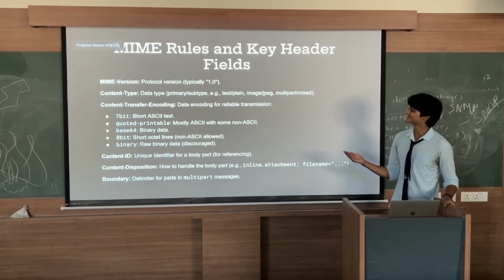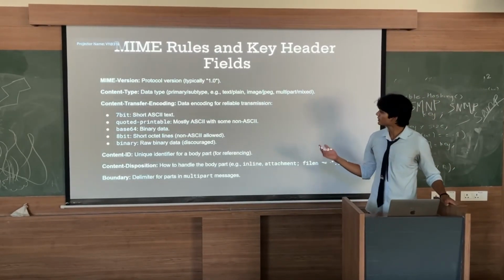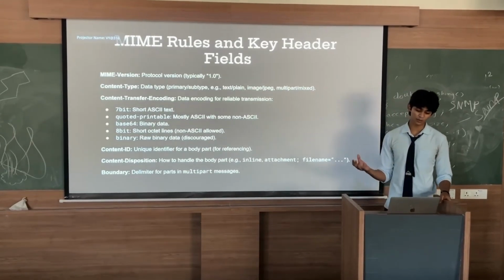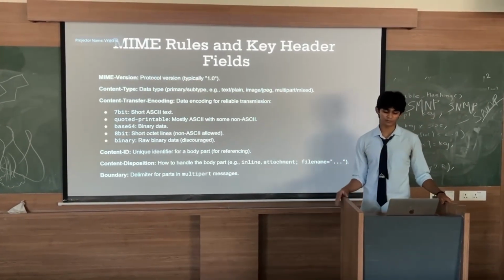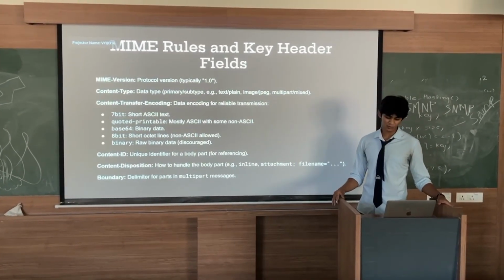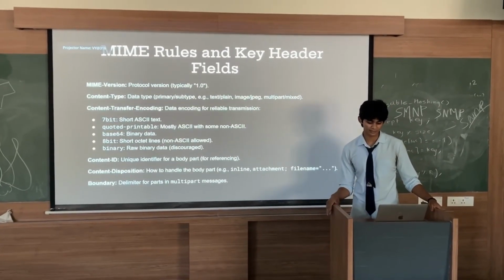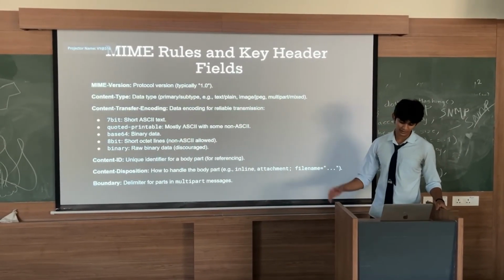For content that isn't plain ASCII, the content transfer encoding field specifies how that data has been encoded for reliable transmission. Common encodings include quoted printable for mostly text with some special characters, and base64 for binary data.